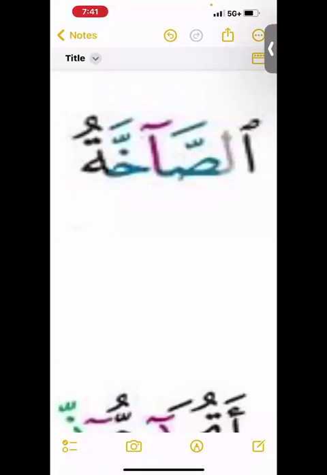Okay. الصاخ. So I stretched the alif to 6 counts and I didn't leave it in the air. I merged it with the kha and made it mad kalami muthaqqal. And since it's happening inside the word, it's called mad kalami, not harafi. Okay.